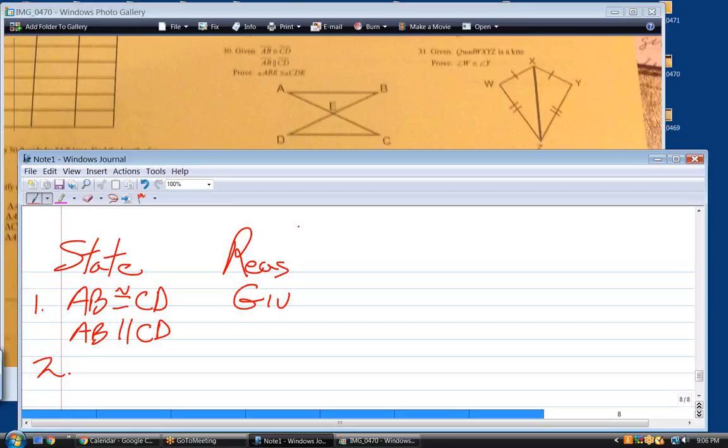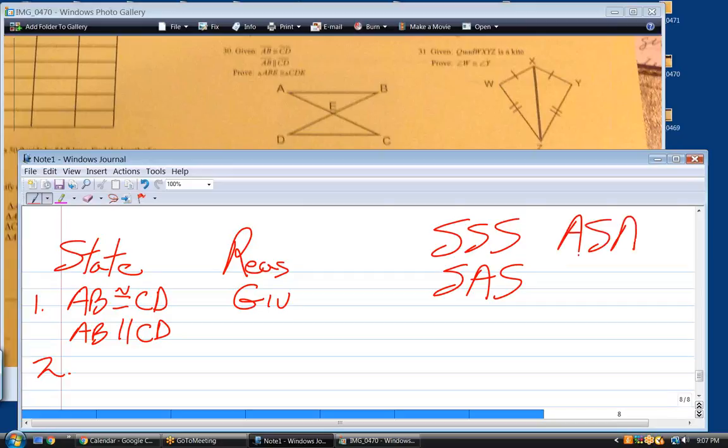Now, there's only like 5 ways to prove congruency, right? There's side, side, side. What other ways are there? You could do angle, angle, angle. No, that proves similarity, but not congruency. You could do angle, side, side. Wait, no, that one's also. Let's talk about, there's 2 of them that have 2 S's. That's one of them, it has 3 S's. The other one is side, angle, side. And then there's 2 of them that have angles.